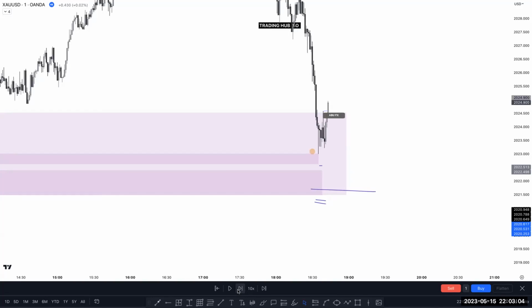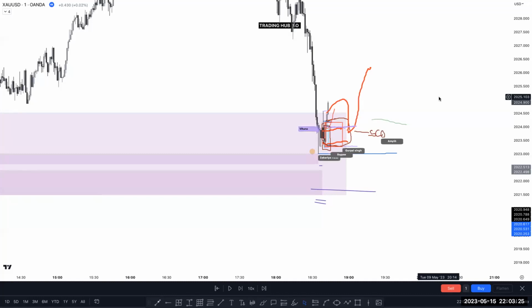So if there is any single candle order block, the entry is here. Where is our single candle order block, everyone?